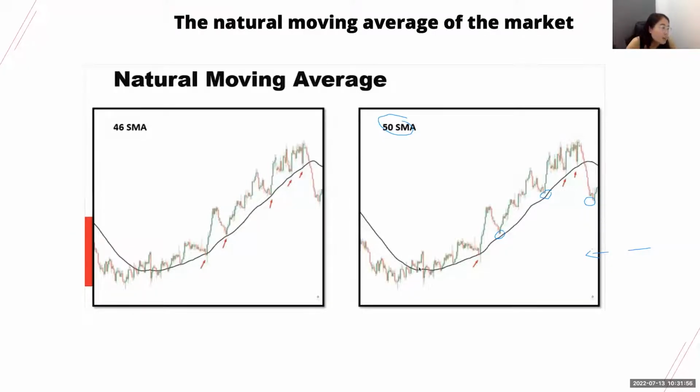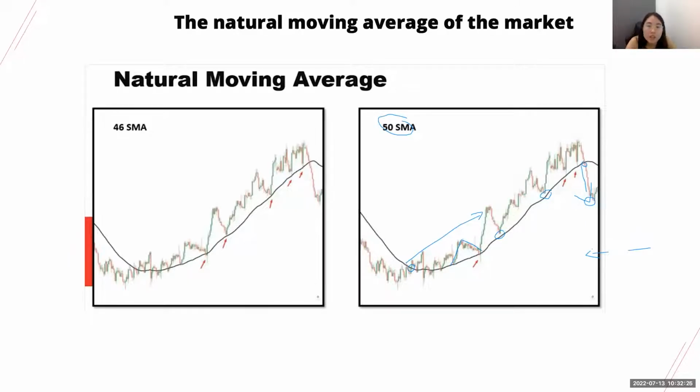One is when price breaks above the moving average, you enter for a buy. When it breaks below the moving average, you enter for a sell. That is the most common thing you hear about the moving average. The other way is when price comes back to the moving average, it works as a form of support and resistance.